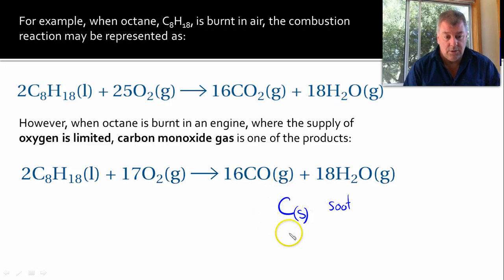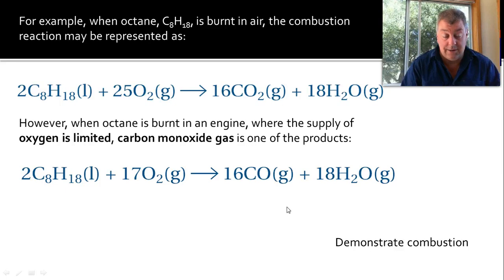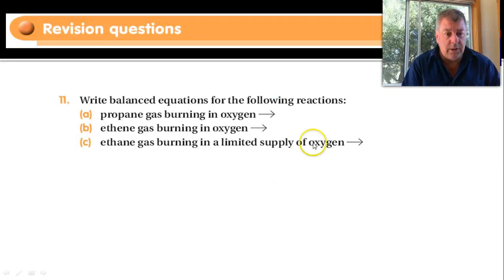And you would include carbon as a product. But if it's just limited oxygen and there's no other clue as to there being any smoke or soot, you just put carbon monoxide and water. Alright, and I'll demonstrate that to you in class, and you'll have a go at doing these questions in class as well.